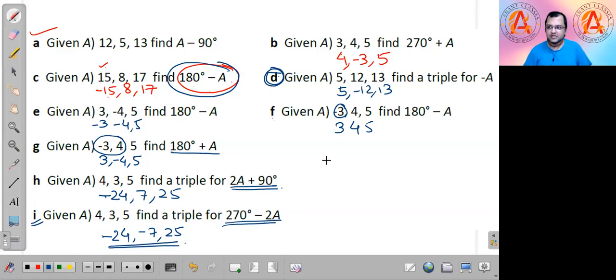Done? Everyone got this answer or no? Okay, this much is all clear. This part, this quadrant angles all clear, right?